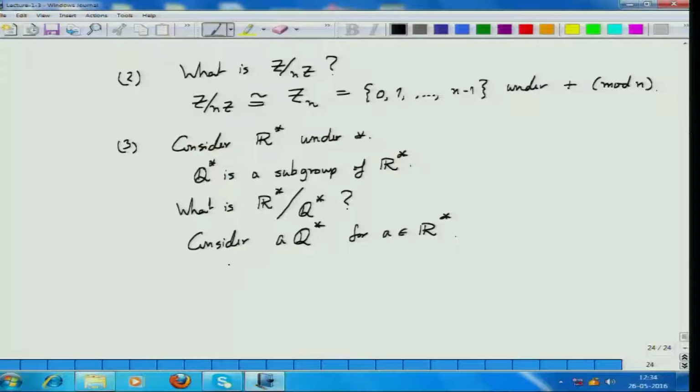So, elements of a Q star are all rational multiples of a. And now we quotient this out. So, each equivalence class represents a real number and all its rational multiples.